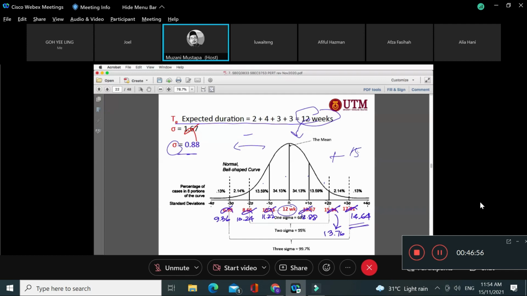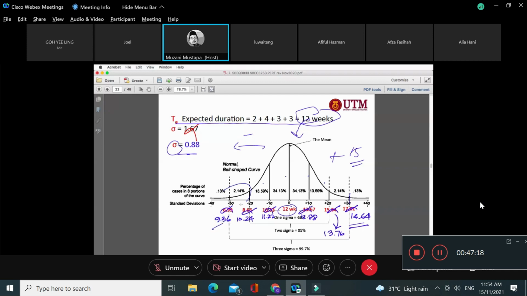So 15 is basically 99.7%. From this bell curve, at the tail end it is 99.7%. That is the assurance that the project can be completed in 15 days or less than 15 days, 14.64. This project can also be completed in 9.36, but the chances are very slim.